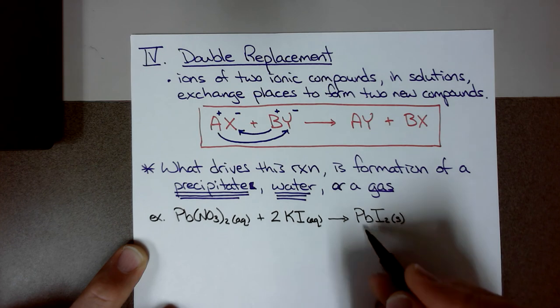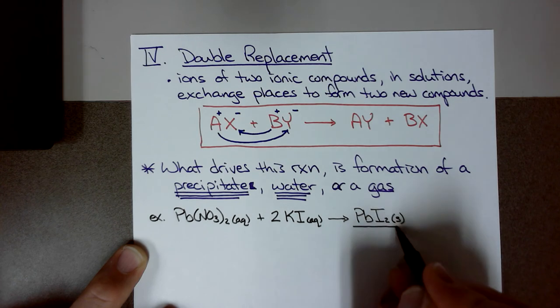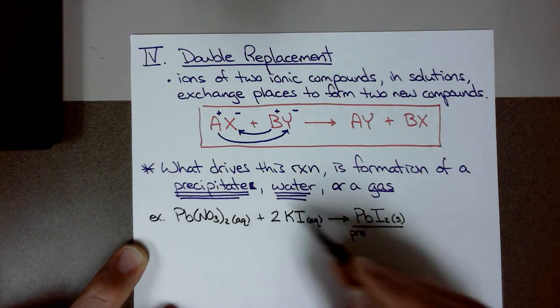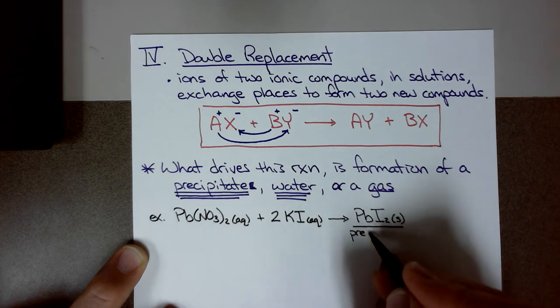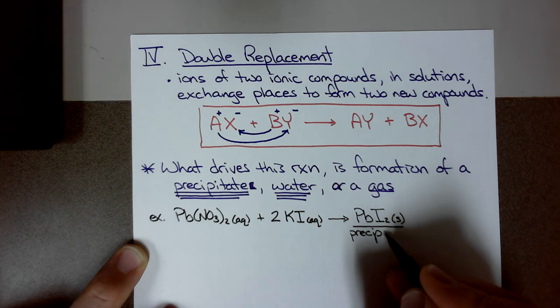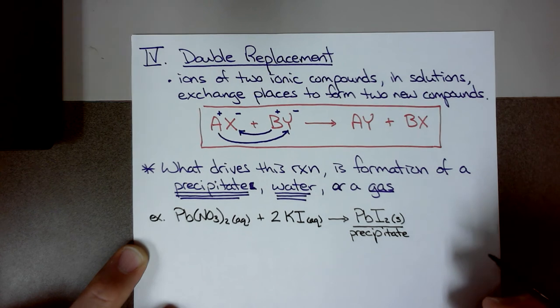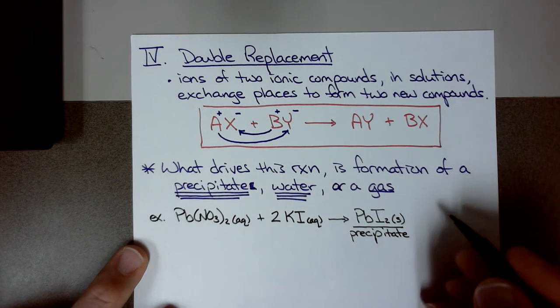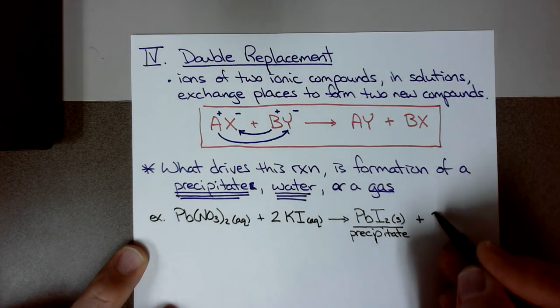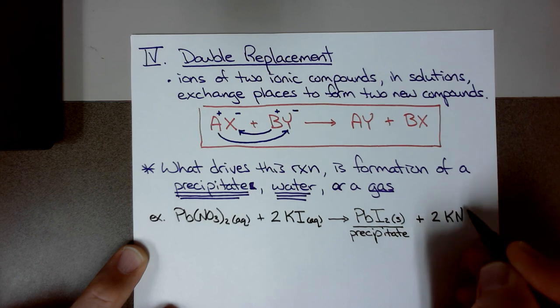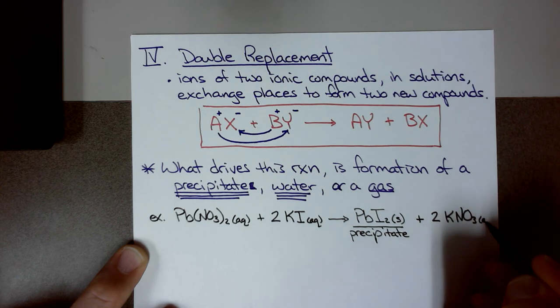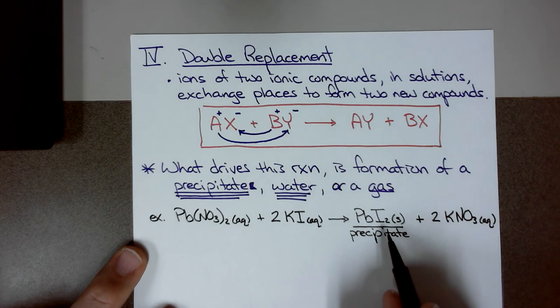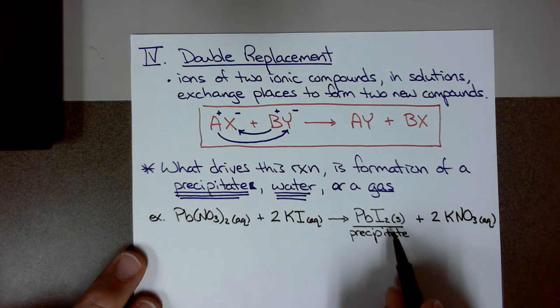This is my precipitate, so this is the precipitate that forms, that has to form here. And we'll learn how to determine what would be a precipitate in what's called solubility rules in another video. And then it also formed 2 moles of potassium nitrate, which is going to be aqueous. Okay, so that's why this one works, is because we formed this precipitate.